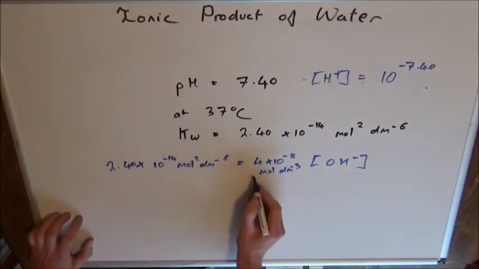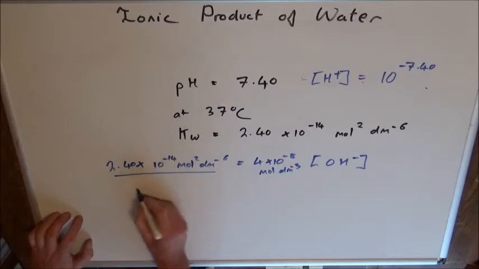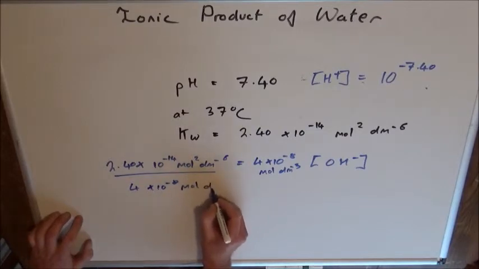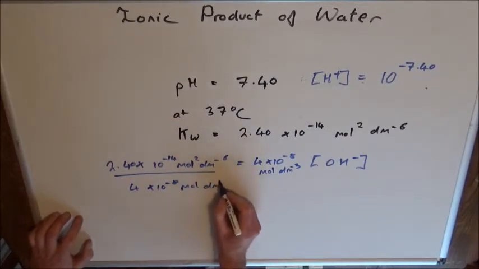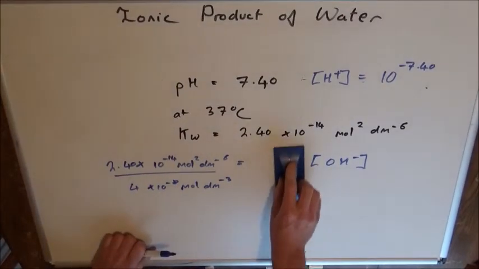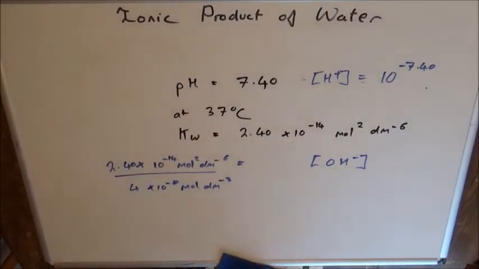So what I'm going to do is cross multiply, so I move that underneath here. So 4 times 10 to the minus 8 mole dm to the minus 3 is going to divide into the Kw to give the concentration of hydroxide ions.